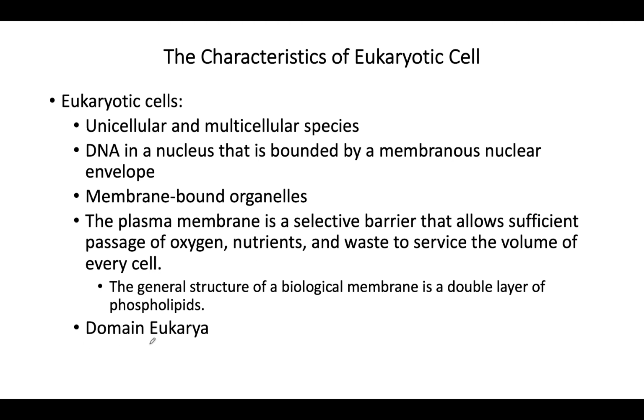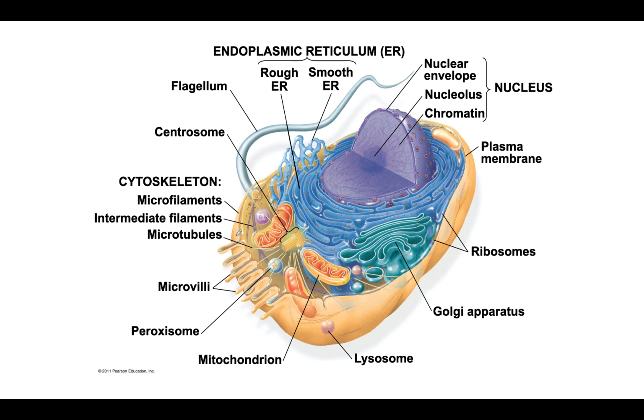Living organisms belonging to the domain Eukaryota have eukaryotic cells. So this is the structure of a eukaryotic cell. You can see the plasma membrane outside, and inside the plasma membrane, the biggest organelle, named the nucleus. The nucleus is composed of a nuclear envelope, nucleolus, and chromatin.